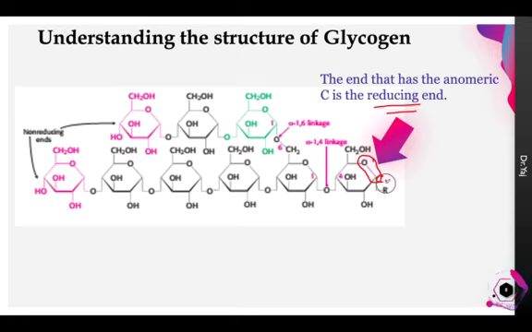And this is also the first carbon, and we label the successive carbons taking this carbon as a point of reference. So in this case, this will be 1, 2, 3, 4, 5, and 6. And you can see here, these are the alpha 1,4 glycosidic linkages, and these are the alpha 1,6 glycosidic linkages.